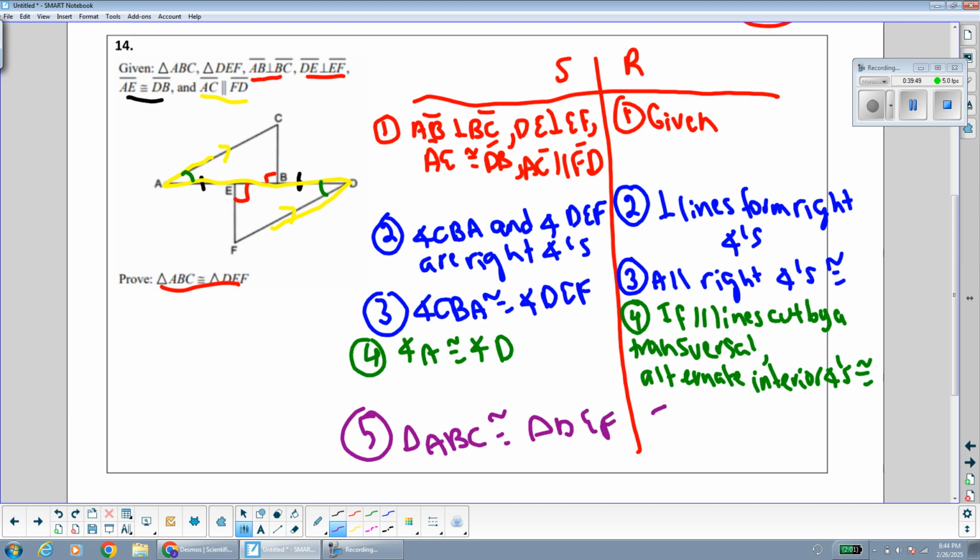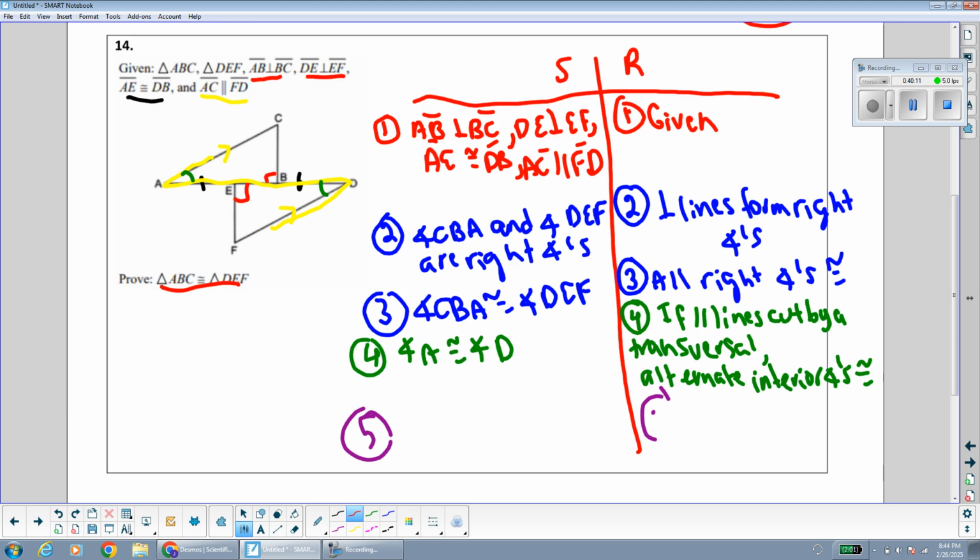I want you to think about for a second what the problem with this is. Yes, you're proving triangle similar, not congruent. AA proves similarity. You might also be thinking, can't we just use ASA? And we can.